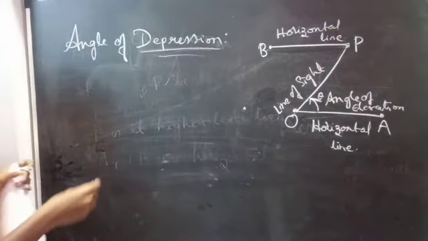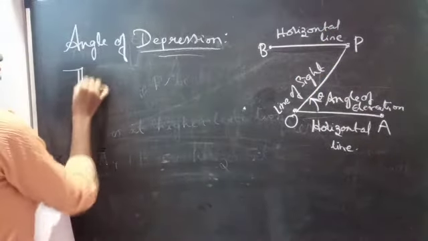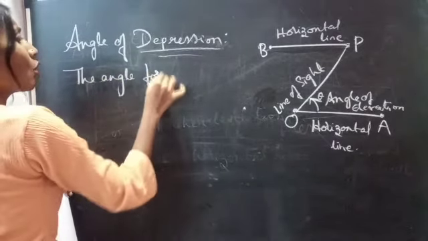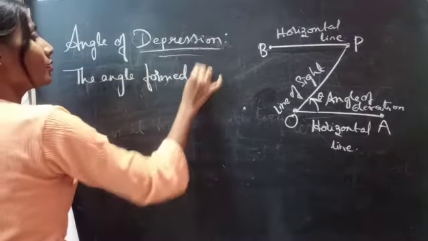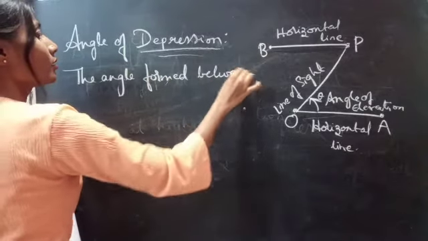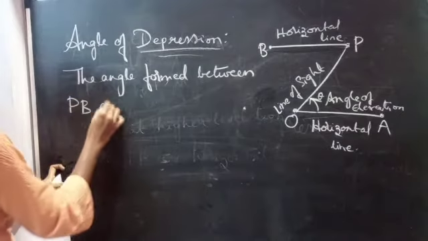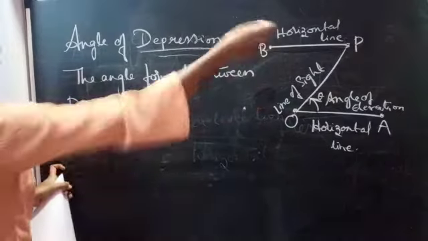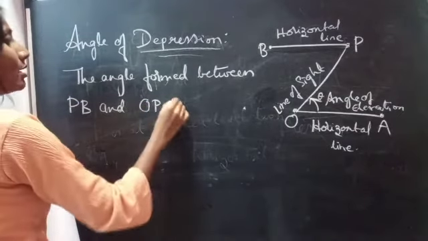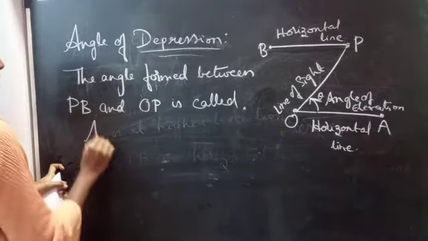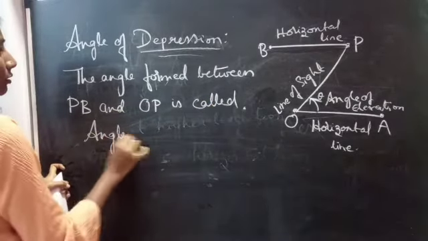So the angle formed between BP and line of sight OP is called angle of depression.